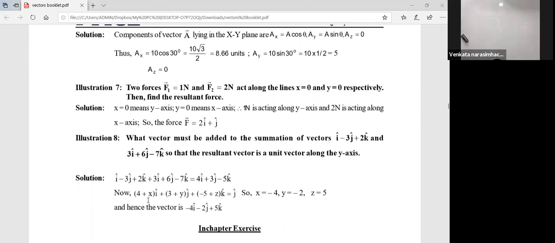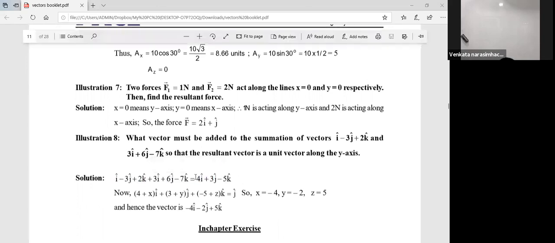Is this point clear to all? Yes, sir. Add both the vectors. Whatever vector you are getting, this is the vector.